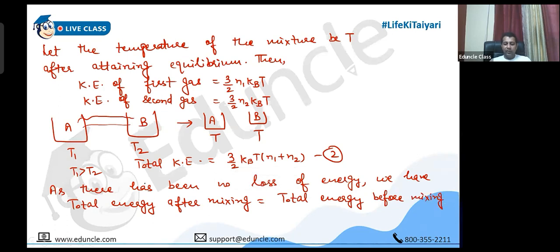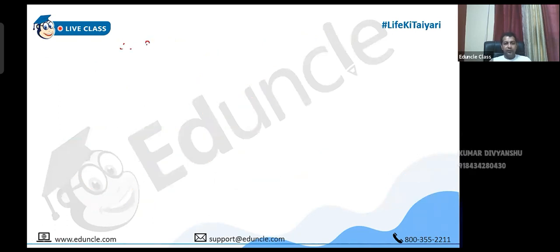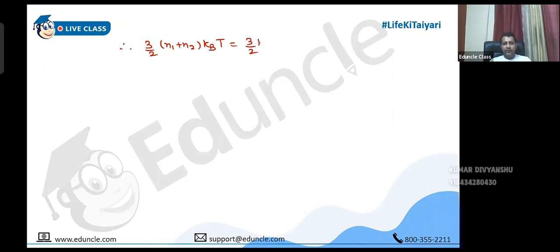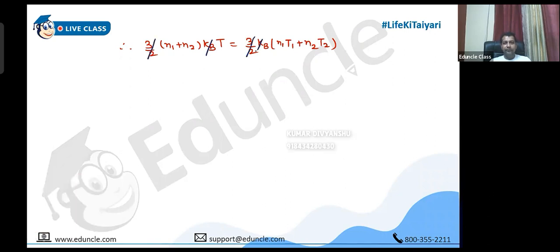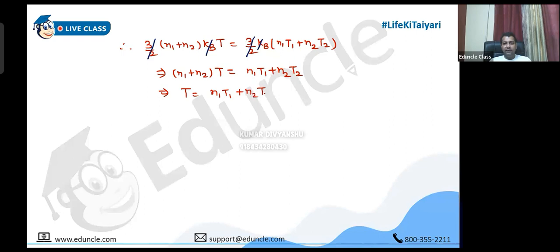So now we can equate the two expressions. Therefore, 3 by 2 (N1 plus N2) kT should be equal to 3 by 2 k (N1T1 plus N2T2). Now the 3 by 2 k factor will get cancelled. So this gives us (N1 plus N2) T equals N1T1 plus N2T2, and hence T is (N1T1 plus N2T2) divided by (N1 plus N2). This is the important result: the temperature of the mixture.